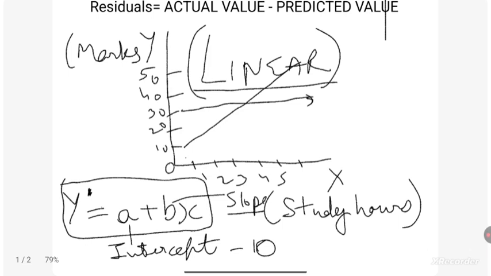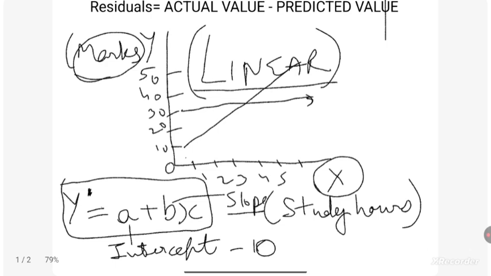That means intercept is 10. What is B? B is how much y increases on increasing 1 unit of x. Listen carefully once again. How much is the increase in marks on increasing 1 unit of x? Say 1 unit is 1 hour of study.